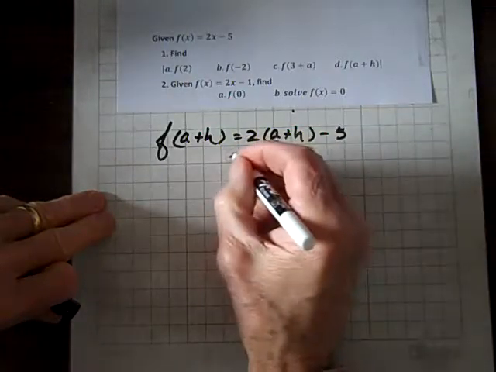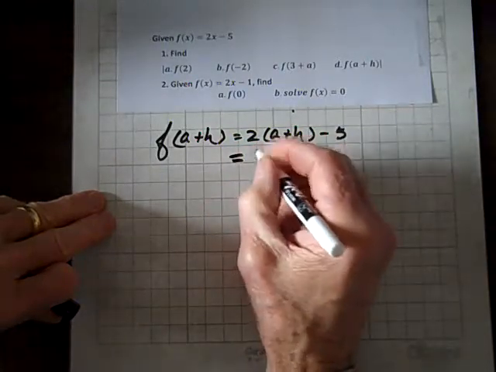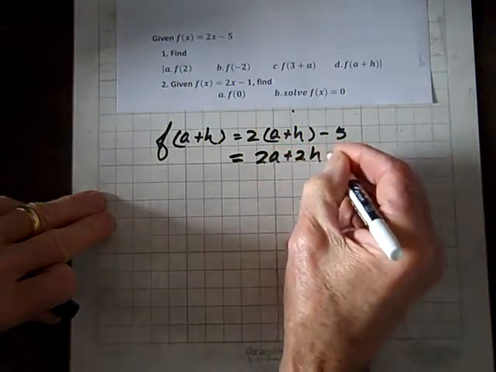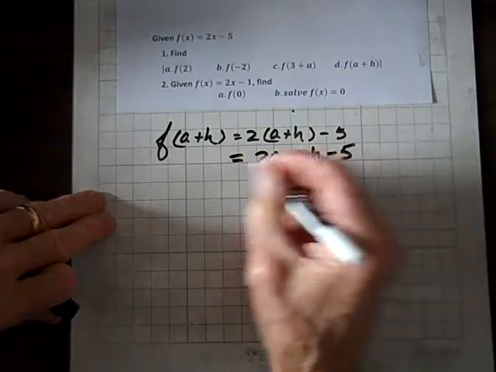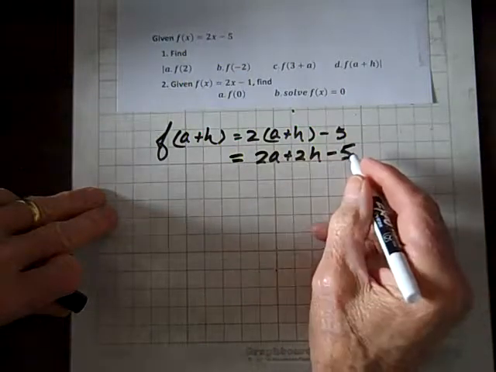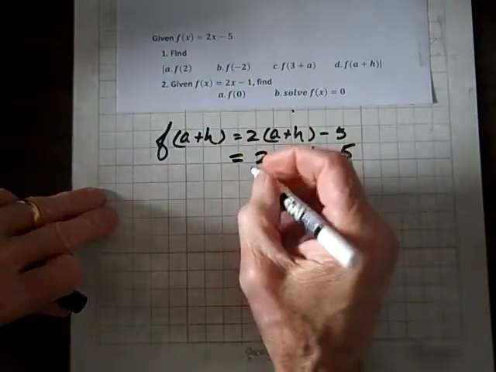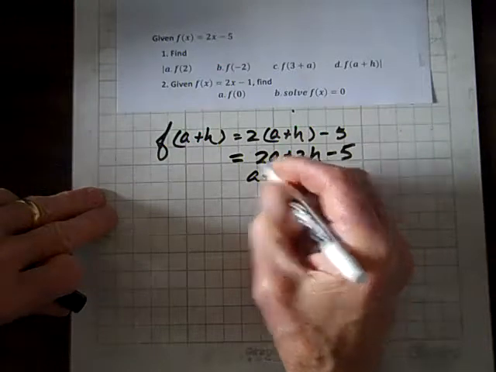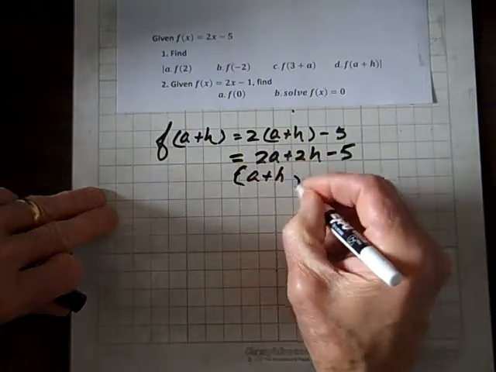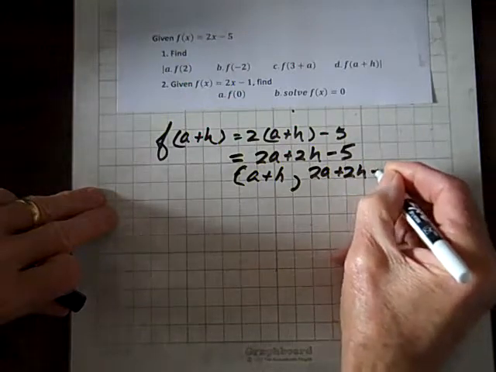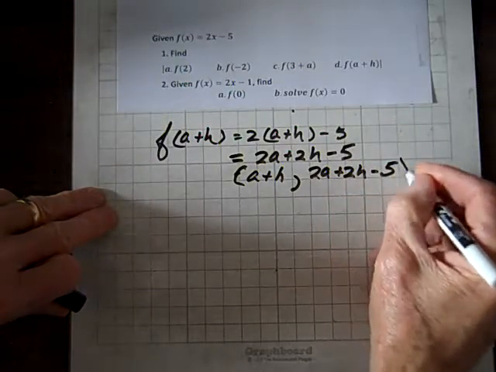And so now distributing the 2, we get 2a plus 2h minus 5. And that's the best we can do. There's no like terms to combine, you see. So our ordered pair, by the way, in this case would be a plus h, comma, 2a plus 2h minus 5.